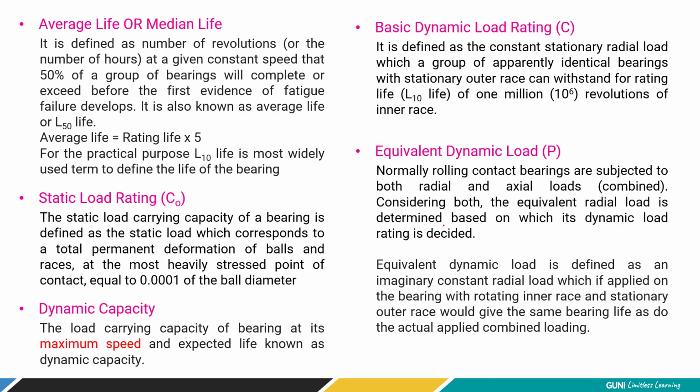Now another term is, students, do not get confused, simply try to listen to the speech and understand what is written: average life or median life. It is defined as the number of revolutions or hours at a given constant speed that 50%. Earlier it was 90%, right, which was written as L10. Here in average life, only 50% of the bearings you consider will complete or exceed before the first evidence of fatigue.